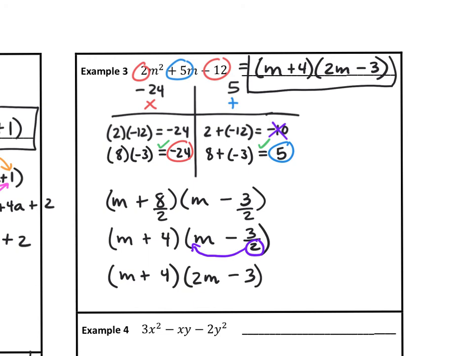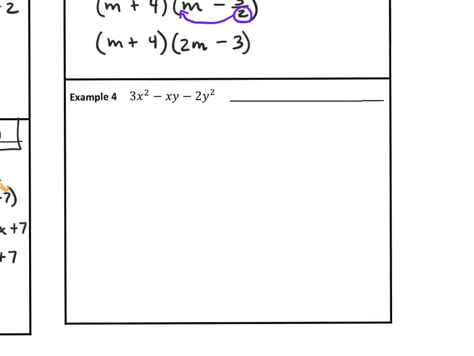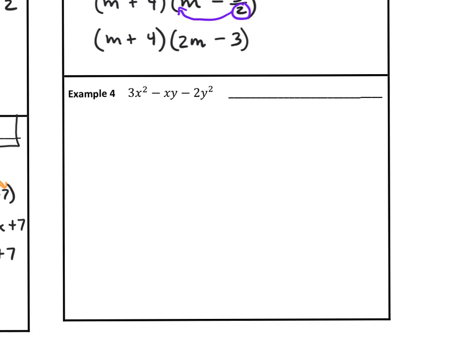All right. Let's do one more. Let's set up a table, and probably don't need to make it that long. Okay, so we're going to multiply on the left, add on the right. I'm going to multiply 3 and negative 2.